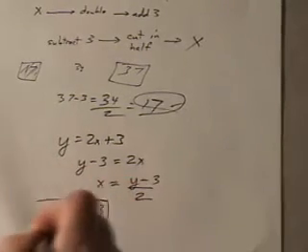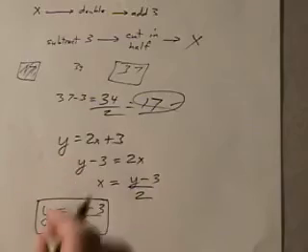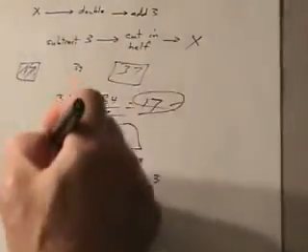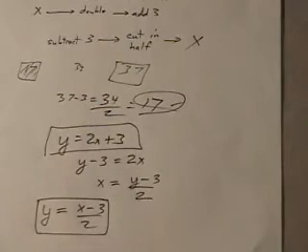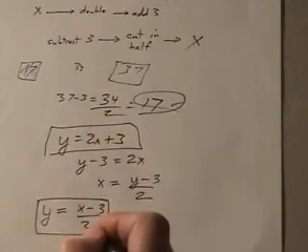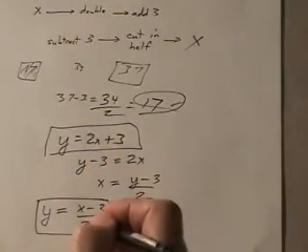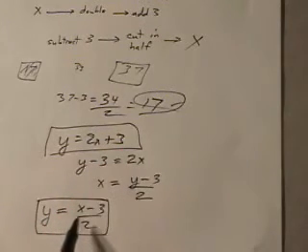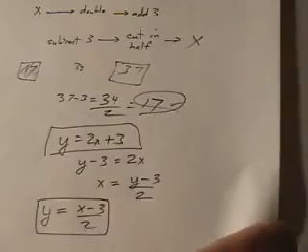This would be the inverse function of the original one that was y equals 2x plus 3. Okay? So that's the function that undoes the other one. These two undo each other. Takes an x, multiply by 2 and add 3, then undo it by subtracting 3 and divide by 2. That's how it works.